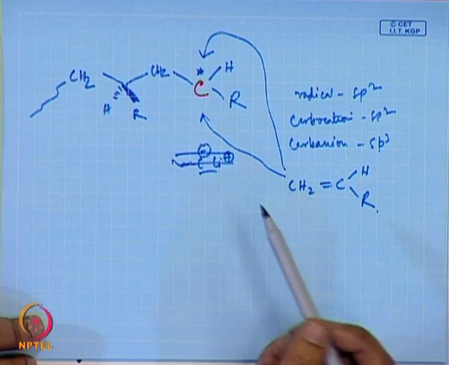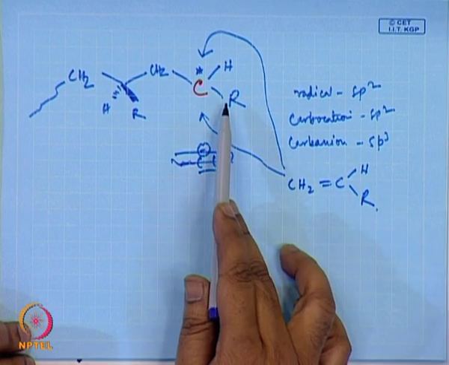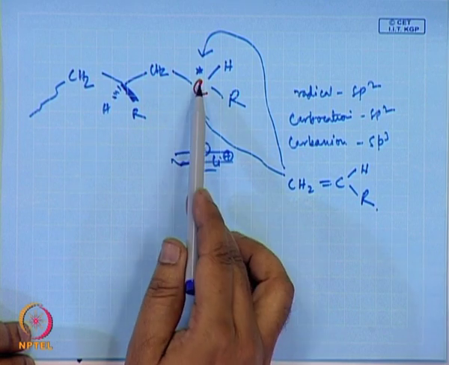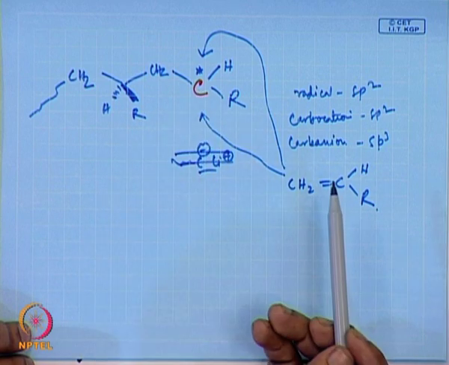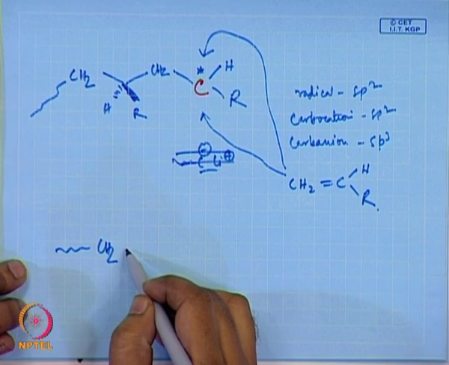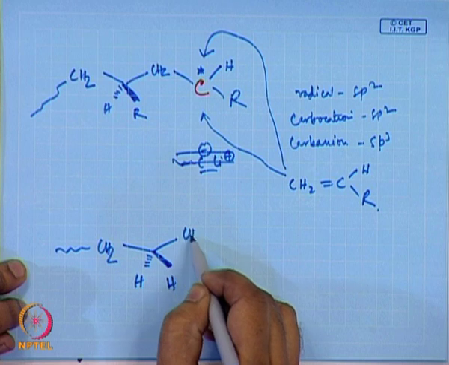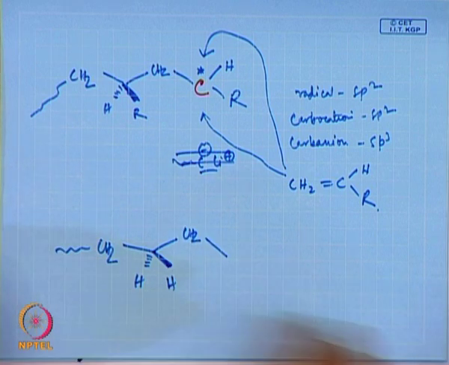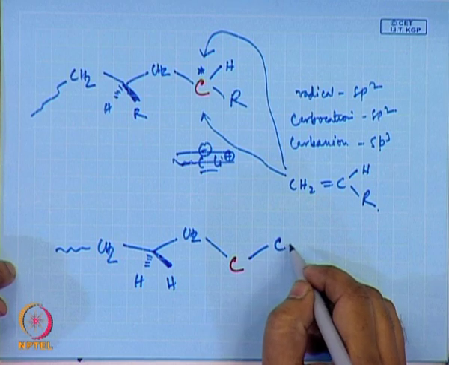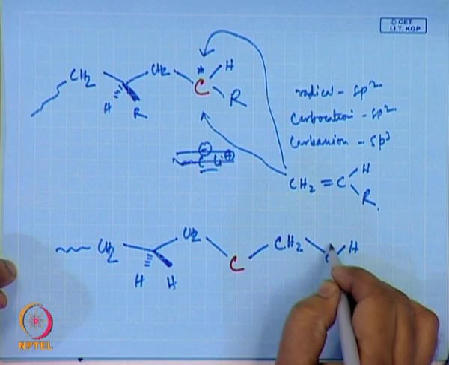So, in the general case, if you are talking about radical polymerization or ionic polymerization where the counter ions are free, then the stereochemistry of this carbon atom will be determined once the next monomer gets in. So, what happened, CH2, okay.